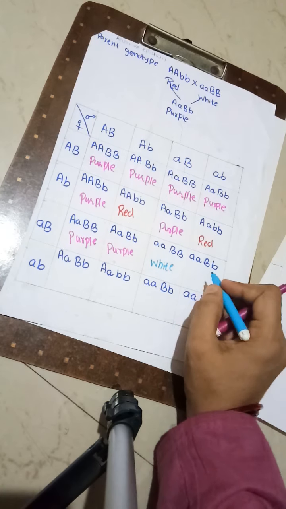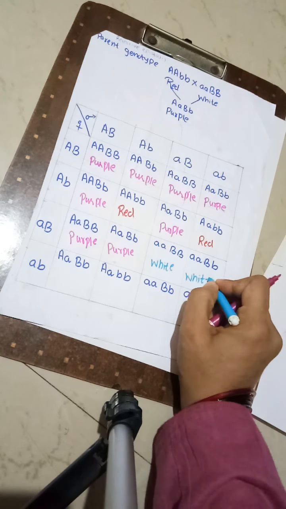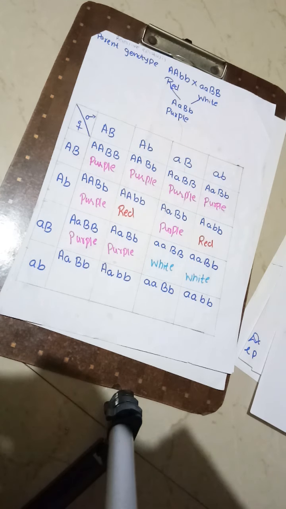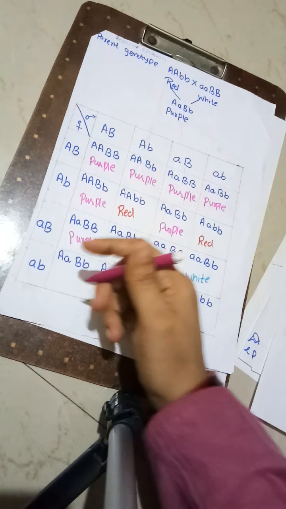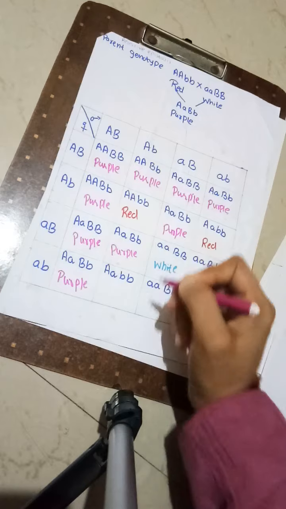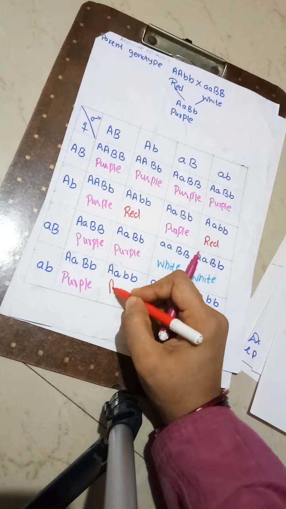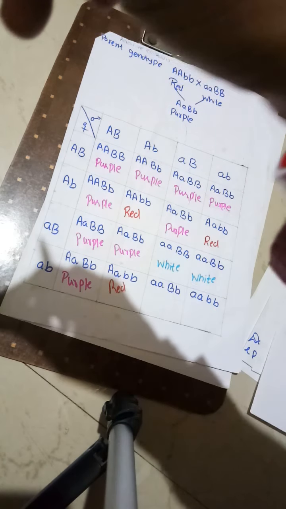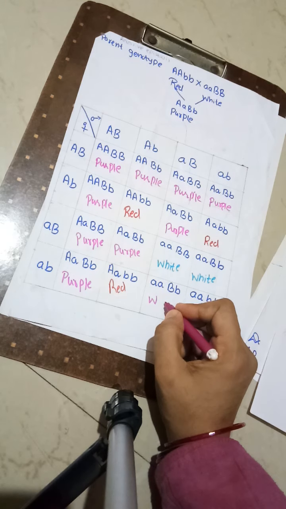Here again this is the case of white only. This will form the purple color. Now here only A is present, so definitely it is going to give red color. This will give white, sorry.